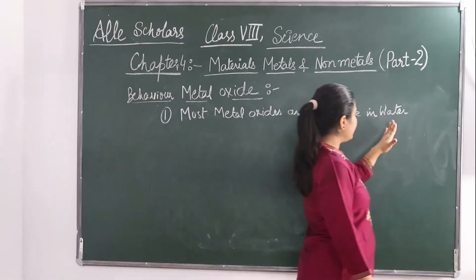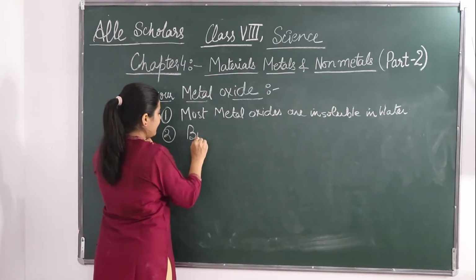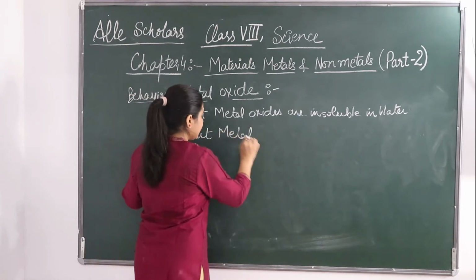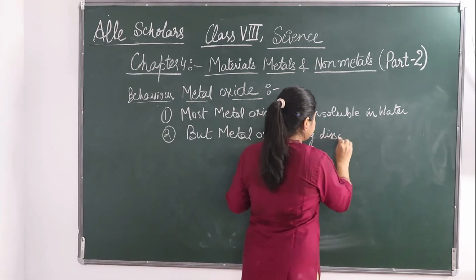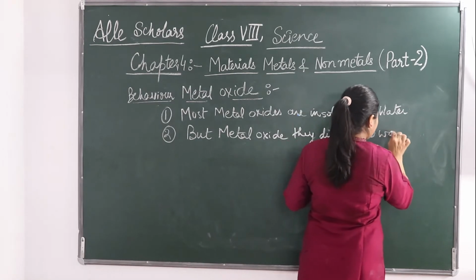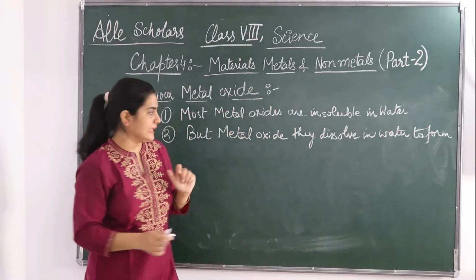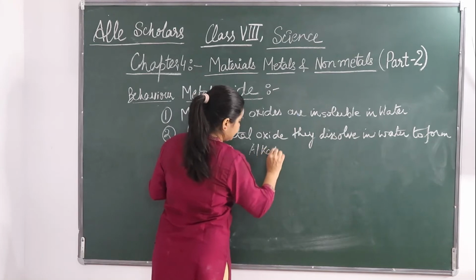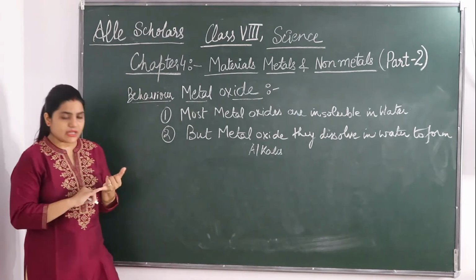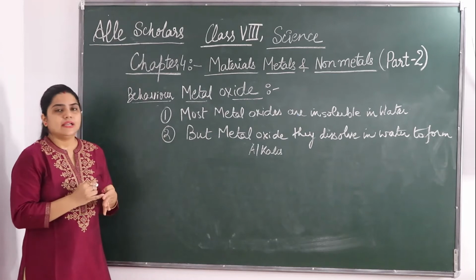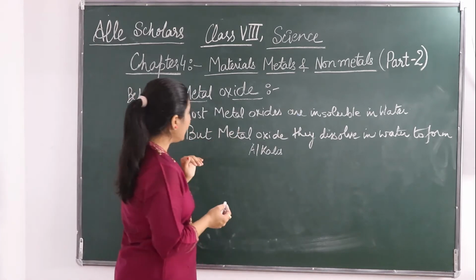Examples of metal oxides that are not soluble in water are aluminum oxide, copper oxide, iron oxide, lead oxide, magnesium oxide and zinc oxide.